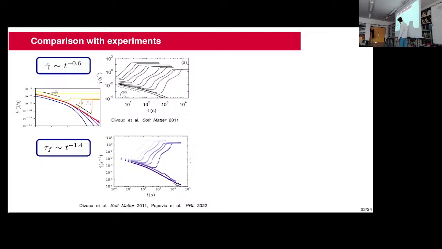And actually, you have a change in slope, like the one we have in our simulations. And the slope here is something like minus 1.38, so quite close to the exponent that we predicted. And the exponents are predicted just based on the exponent of steady state. So it's measured in an experiment.